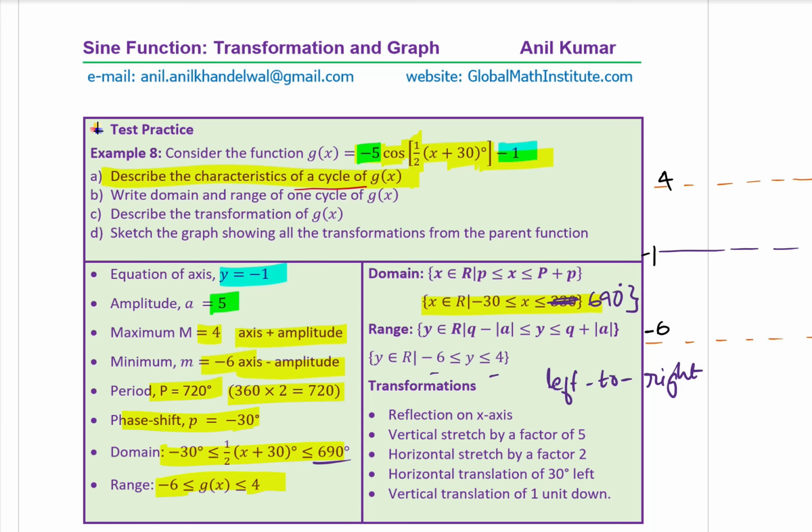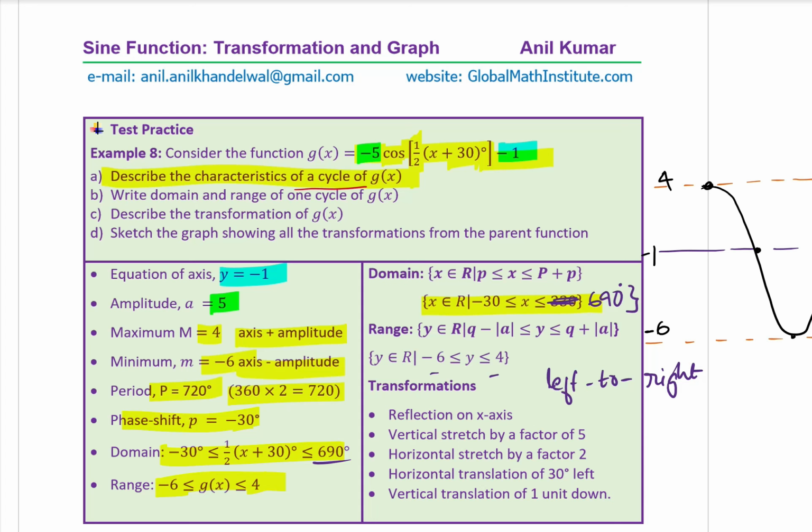So the cosine function within this period definitely starts with the maximum. Let me just say one cycle we're doing starts with the maximum, then it goes to the axis and then comes to the minimum, goes back to the axis and maximum. So one cycle could be drawn like this.